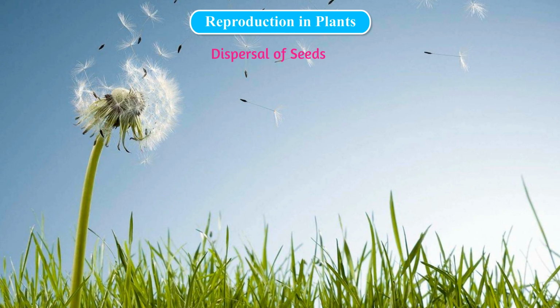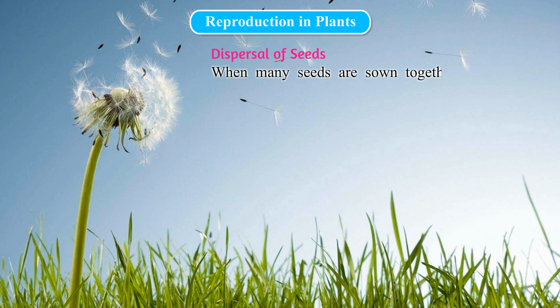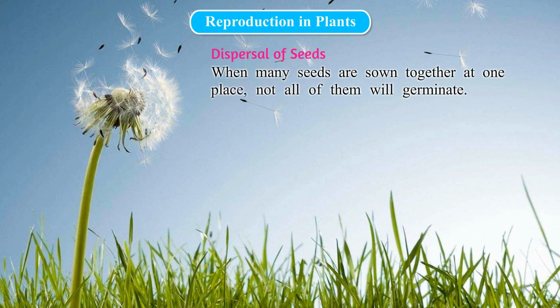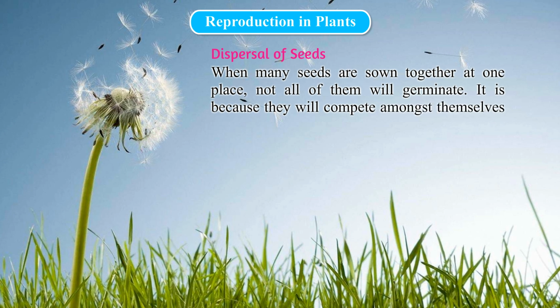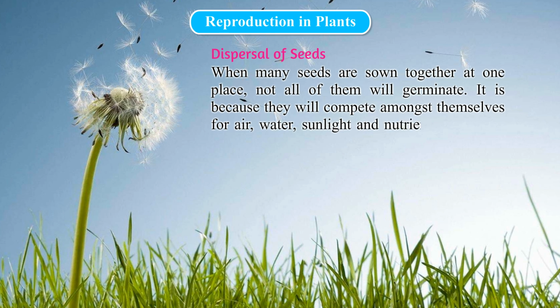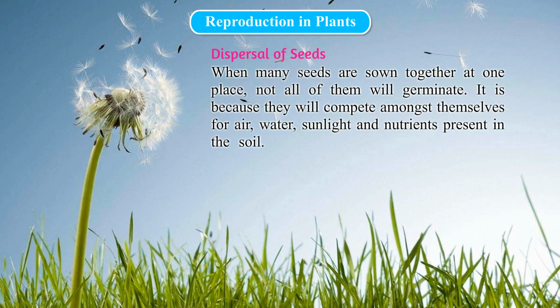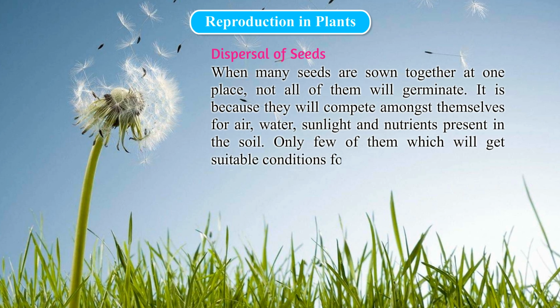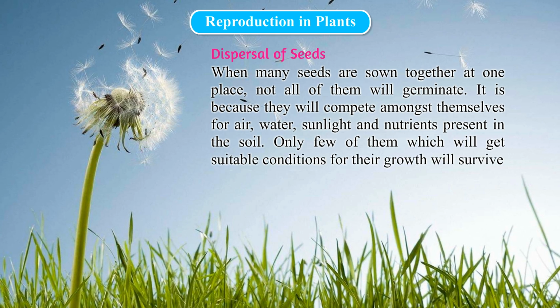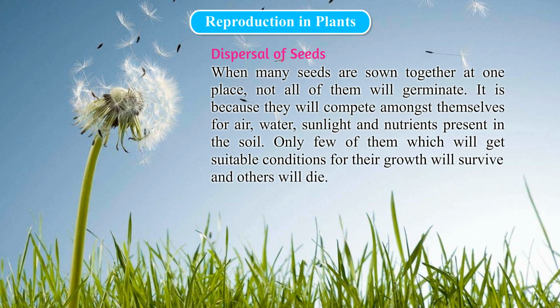Dispersal of seed: when many seeds are sown together at one place, not all of them will germinate. It is because they will compete amongst themselves for air, water, sunlight and nutrients present in the soil. Only few of them which will get suitable conditions for their growth will survive and others will die.